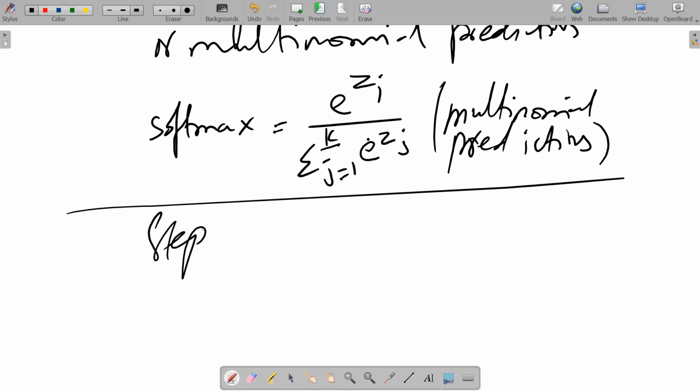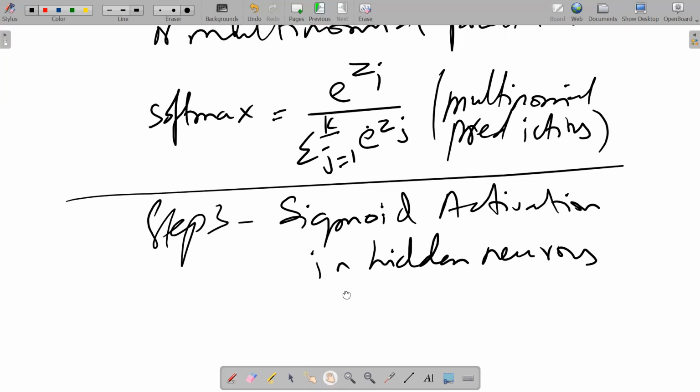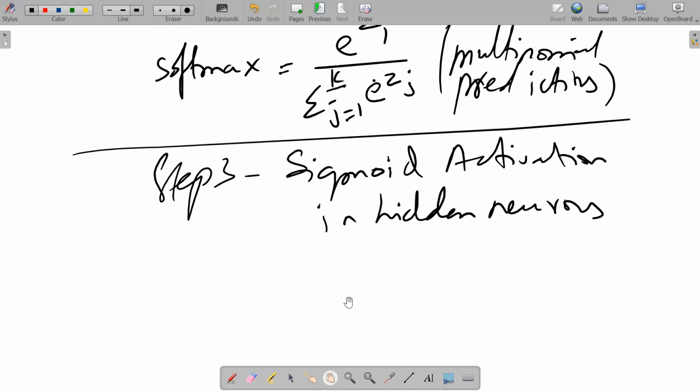So step 3 is we are using the sigmoid function here. Sigmoid activation in hidden neurons. We are going to use sigmoid activation for the calculation. That is the reason why I'm using it.